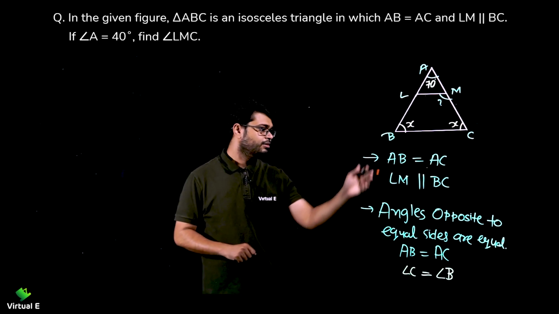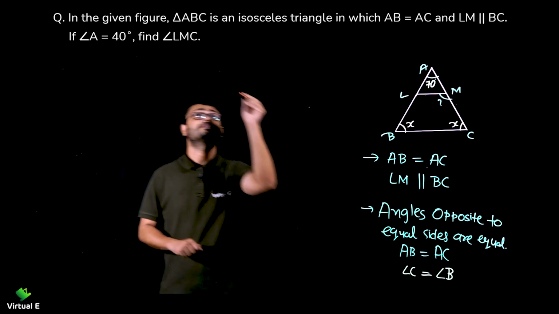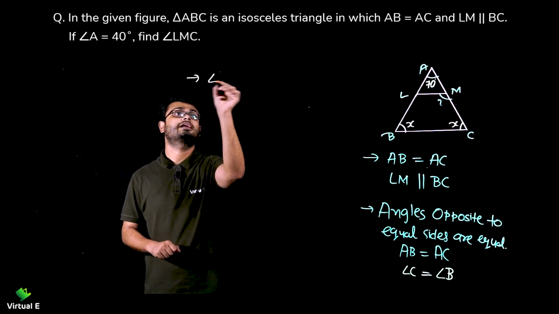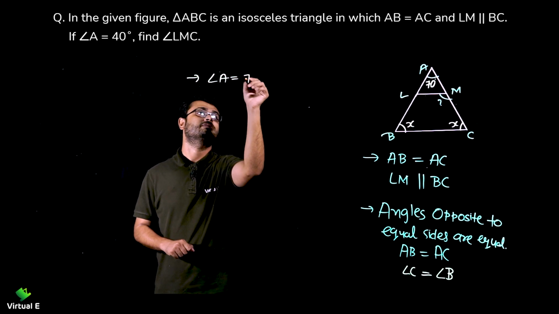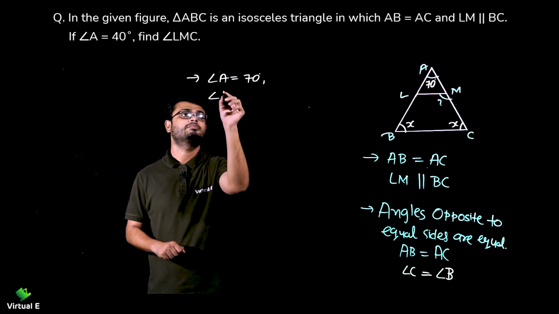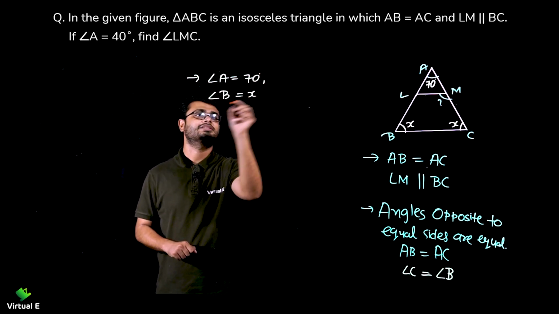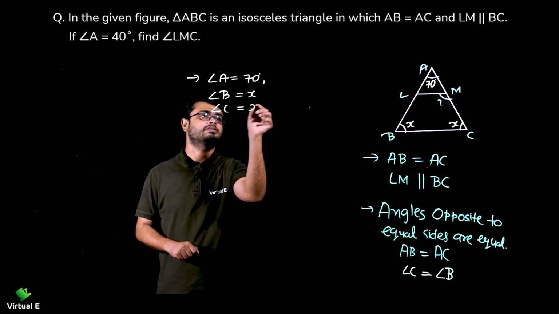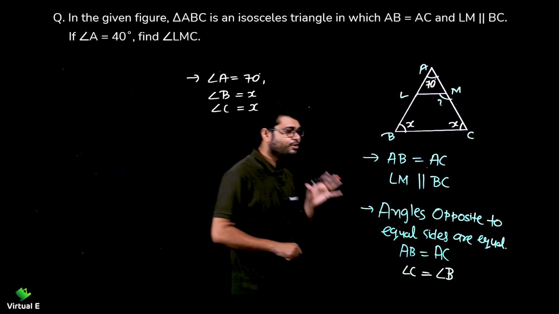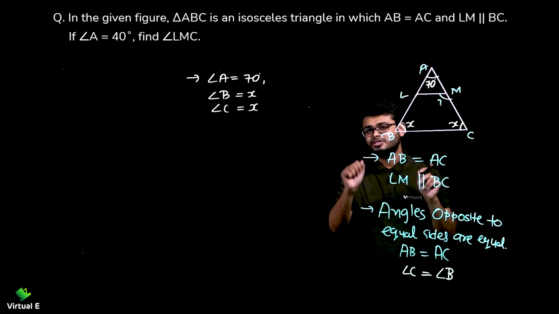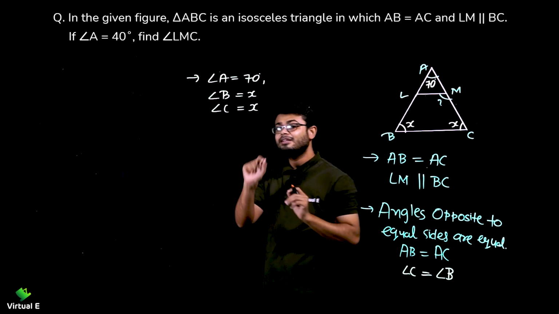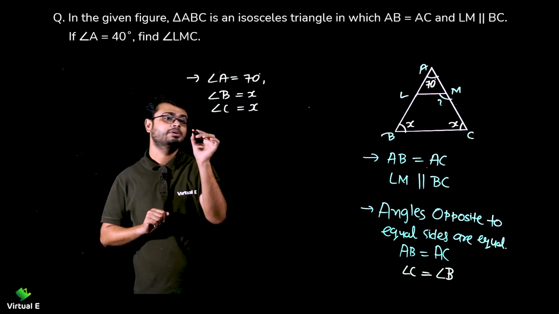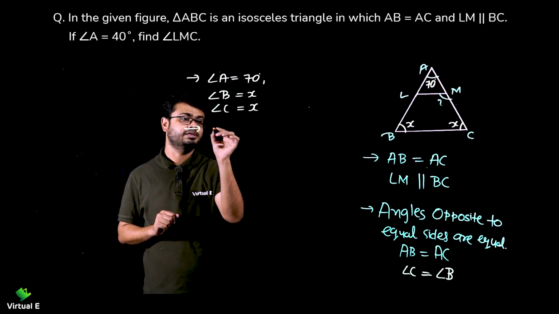So now we know one thing very well. Let's write here that angle A is equal to 70 degree, angle B is equal to X, and angle C is equal to X. Now I told you that triangle ABC is also one condition. Means what? Angle sum property. We are going to apply the angle sum property.